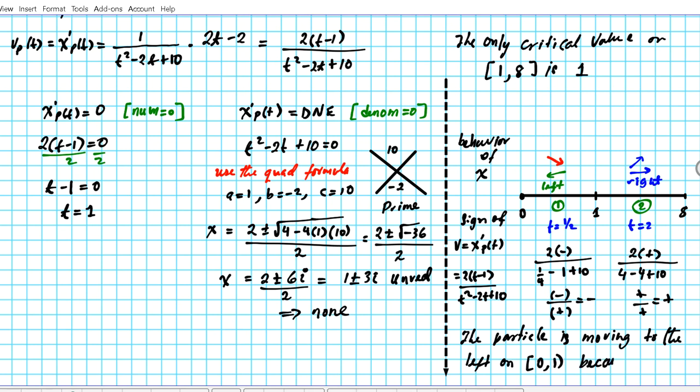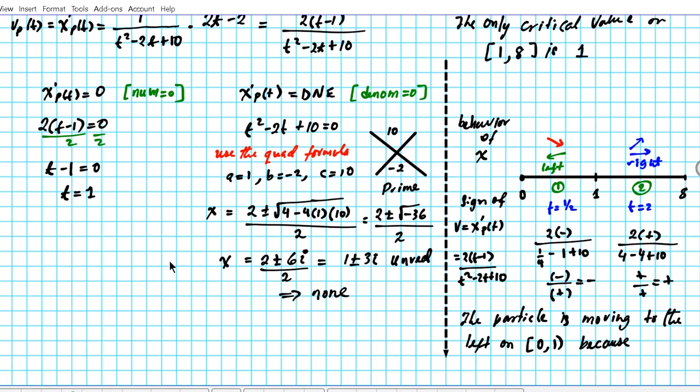Because the derivative is negative there. Because x prime of t is less than 0 there. Now in this particular problem, you are not asked to provide justification, but it's just good practice to put the justification there. You know, a good habit, just in case a question asks for justification and you forget, but if you have the habit of doing that, you can just include that in the answer and you get it correct.